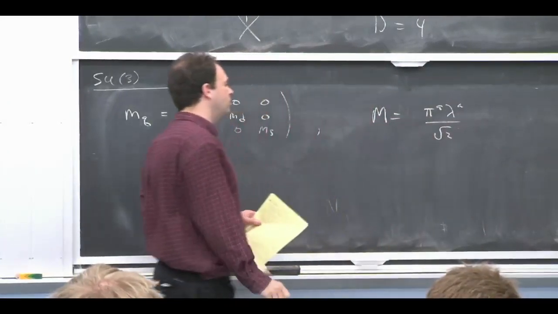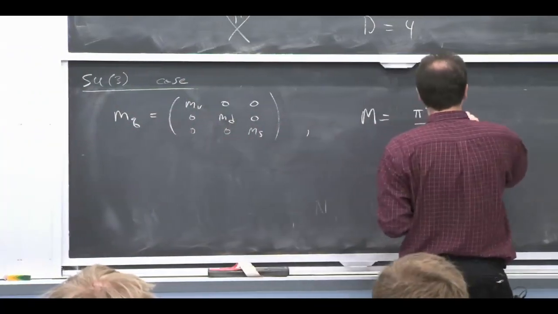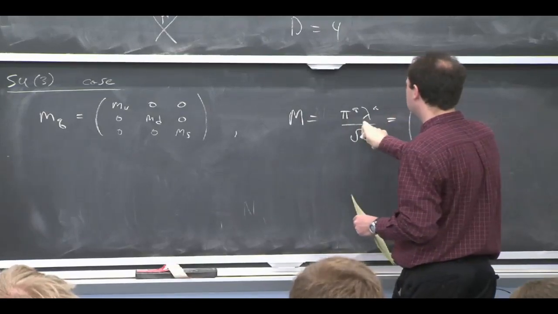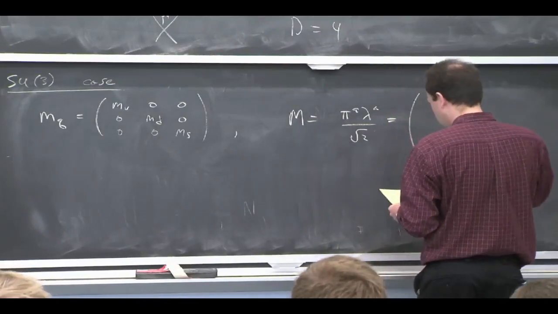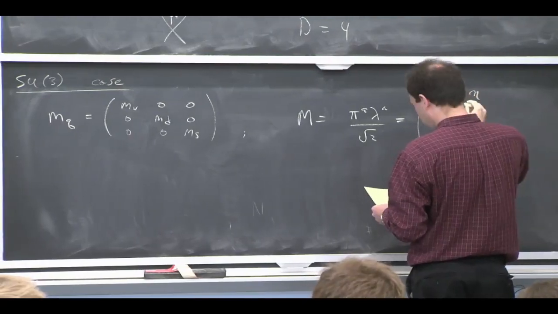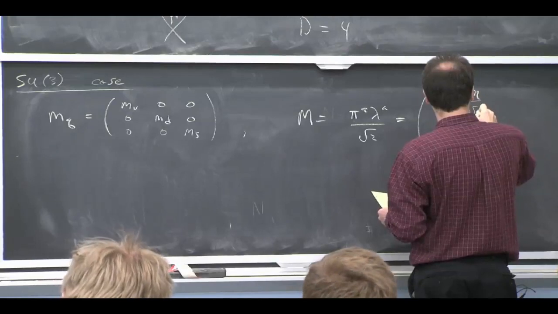So SU3 would have Gell-Mann matrices instead of the Pauli matrices. There's two bases that you can use. You can either use this basis, which is enumerated 1 to 8, or you could use the charge basis. And if you use the charge basis, then often you write it out as a matrix like this.